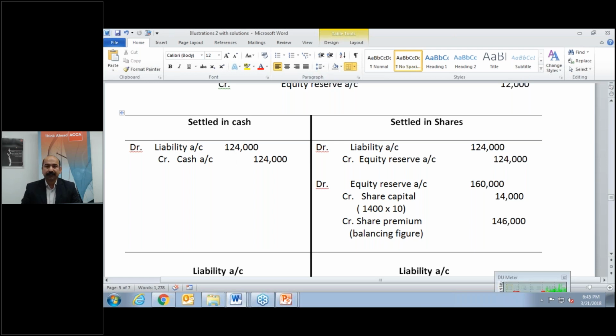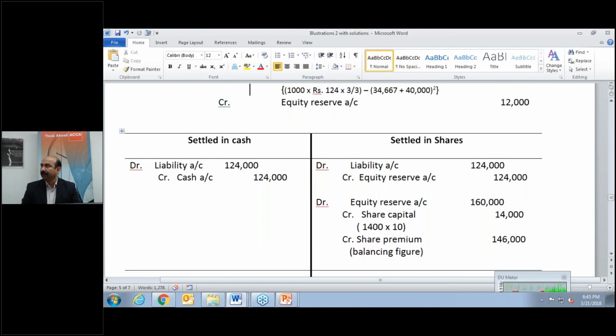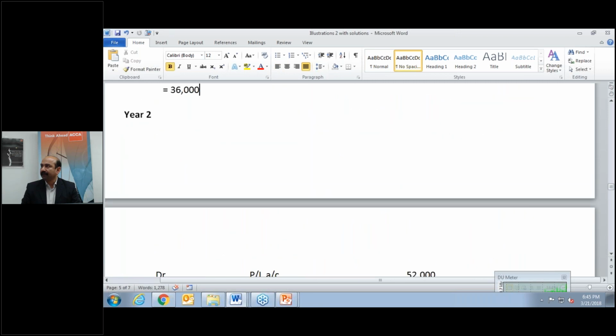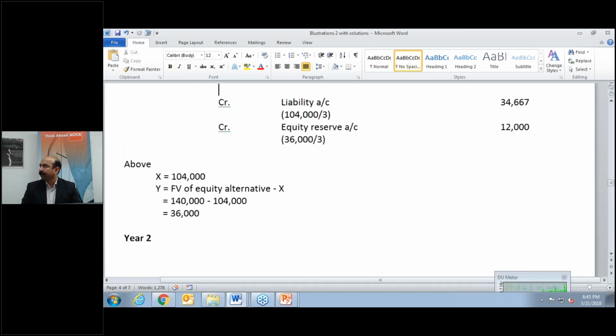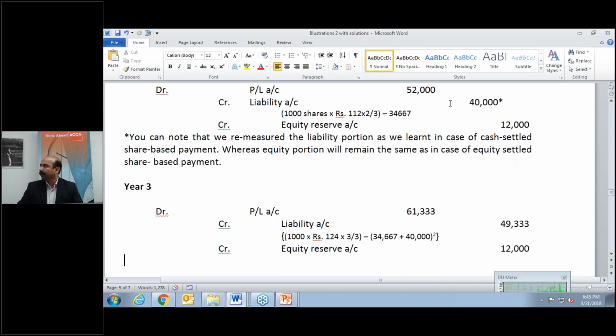How have we calculated this closing balance? See, in year one, 34,667 was credited to the liability. This plus, in year two, 40,000 was credited to the liability.